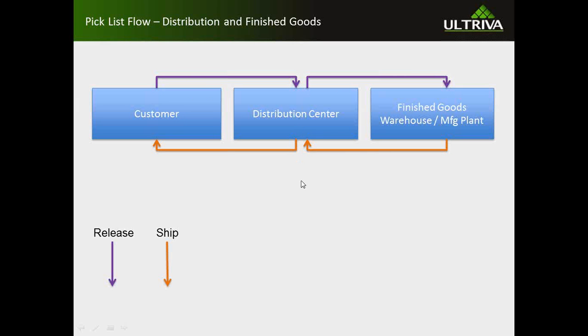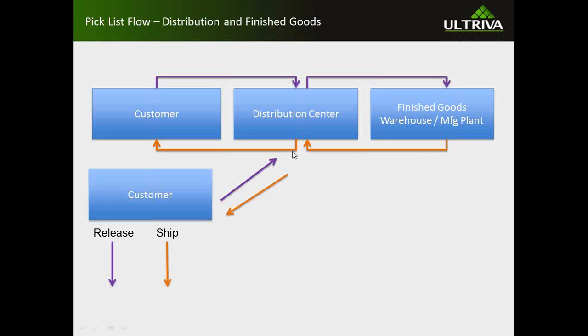You can use the same feature in the same way as you are using it on the internal side. As you pick the material, it replenishes it and sends the order to your assembly line or your finished goods warehouse. The same way, you can have multiple customers pulling material from the distribution center, where you can create your pick list for the distribution center and extend it. As one of the focuses of Ultriva is to have that end-to-end solution, this will cover it.